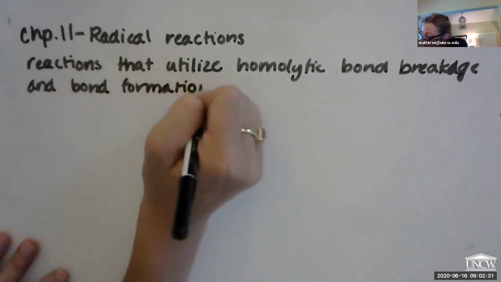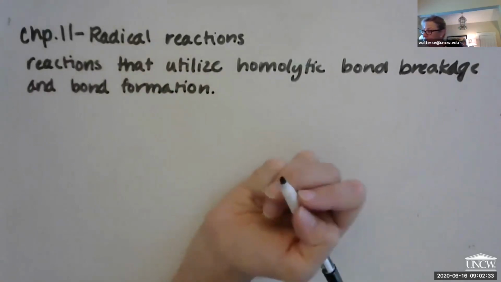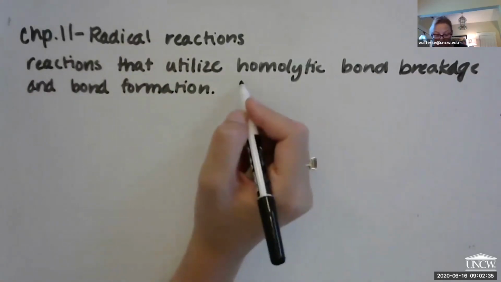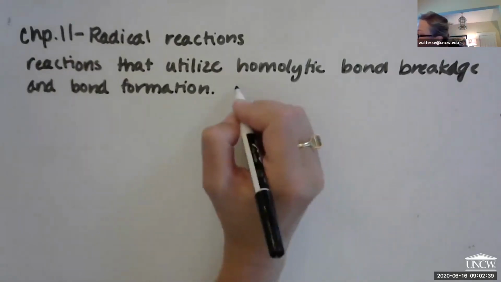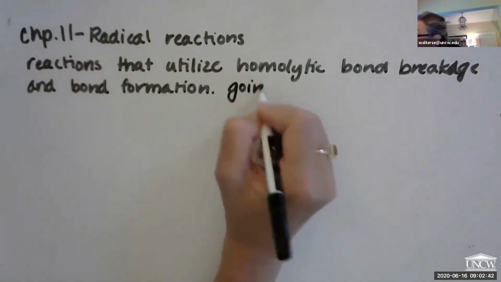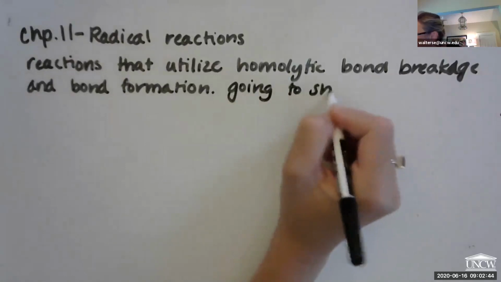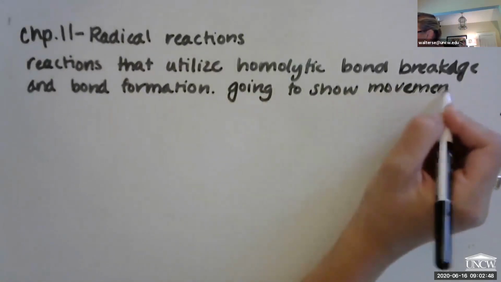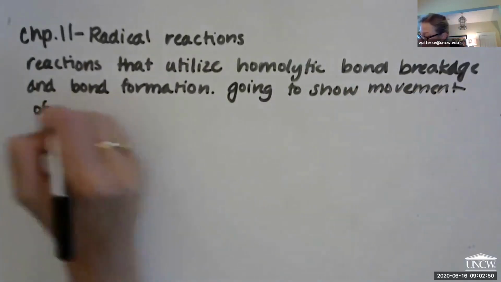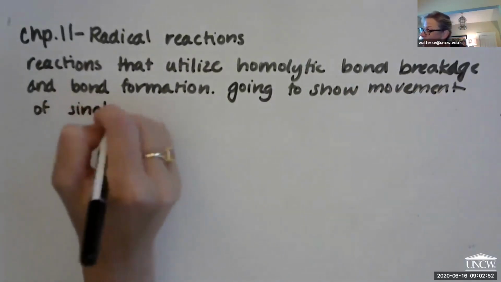What that means when you talk about homolytic bond breakage is that you're going to have symmetric cleavage. So you're going to show movement of one electron at a time, or movement of single electrons.